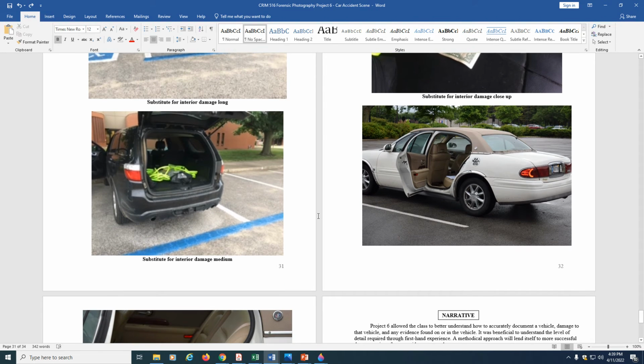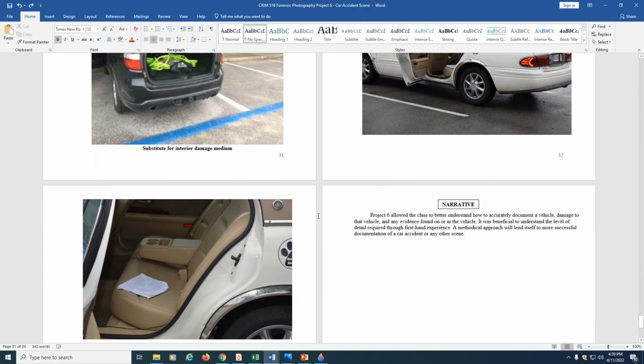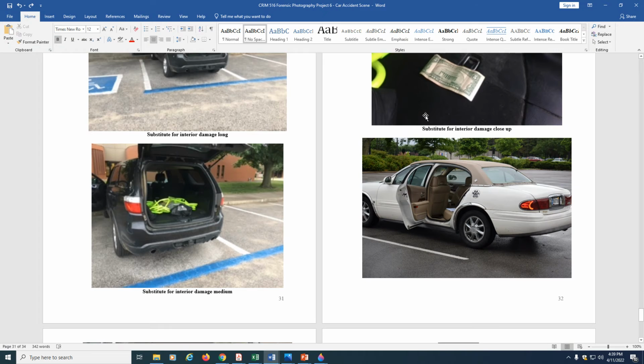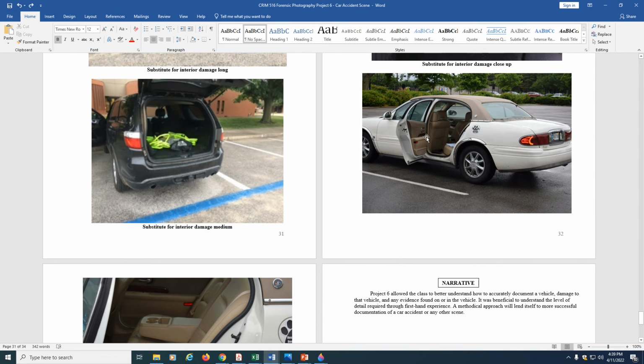Okay. Now, same thing here. This was a couple different examples of interior damage. Anytime you have damage or evidence, it's always going to be a long range, medium, and close up. You know, the 3 photo rule of evidence, right?